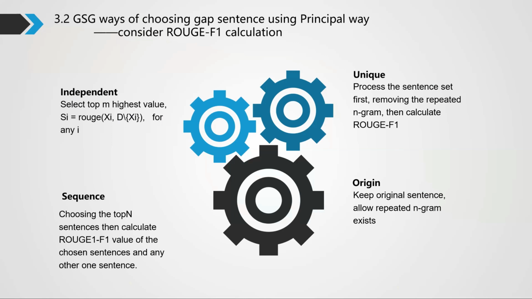The third, the sequence one, maximizes greedily choosing the sentence set and other sentences' ROUGE1 F1 value. And the unique one is to remove the repeated n-grams first and then calculate the ROUGE1 F1 value. The original one is to keep the original sentence set and not remove the repeated n-grams.